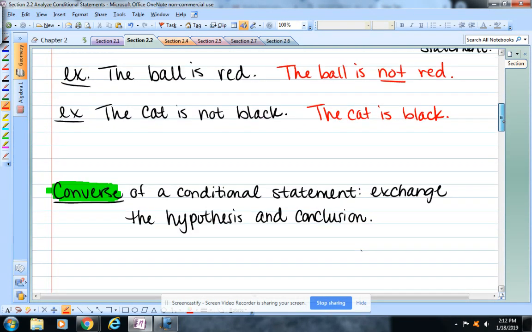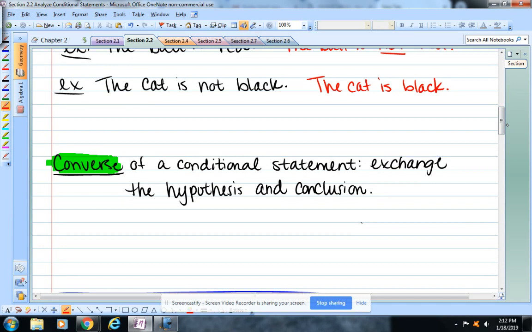All right, let's talk about a converse. You will hear me talk about converses of a statement all the time, when we start doing proofs and start seeing a lot of theorems, which we're going to start seeing starting Tuesday.